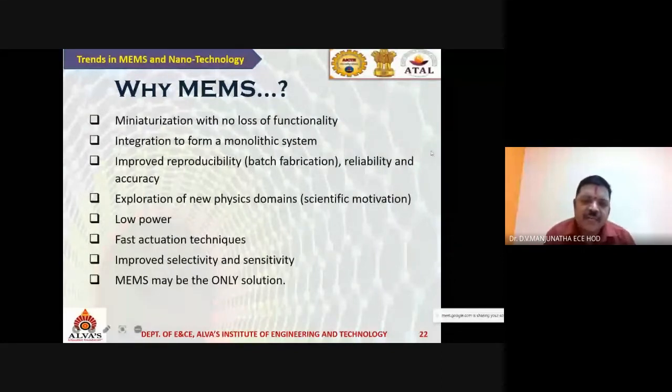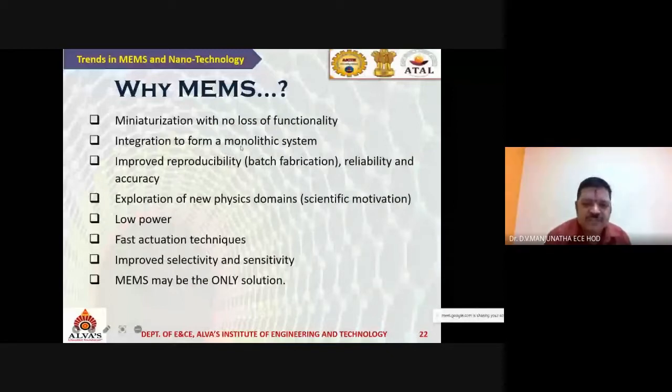It has reached an enormous size reduction from a big room-sized computer to a small-sized computer. So size matters. Miniaturization with no loss of functionality matters. So MEMS gives you miniaturization with no loss of functionality.